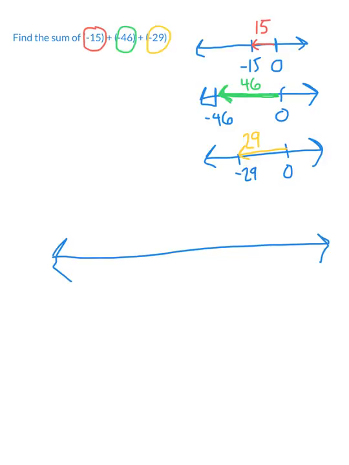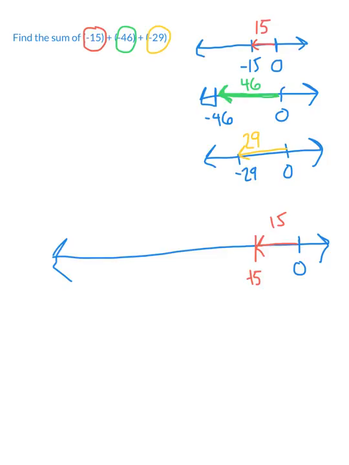So here's my 0. And let's start with our negative 15. So my negative 15 is going to make a distance going about that way. And I get to this point, it's negative 15, and this distance up here is 15.